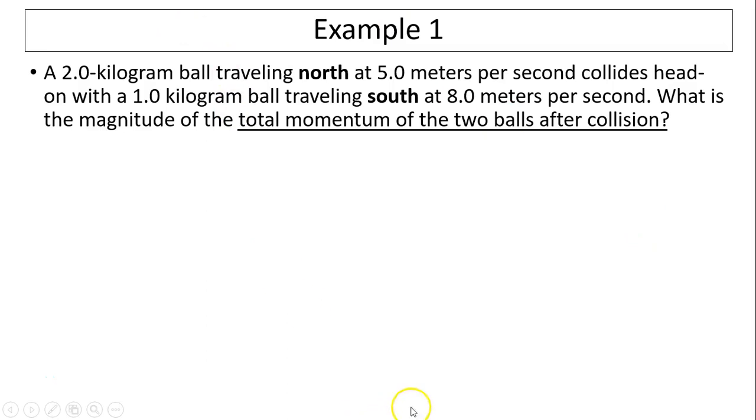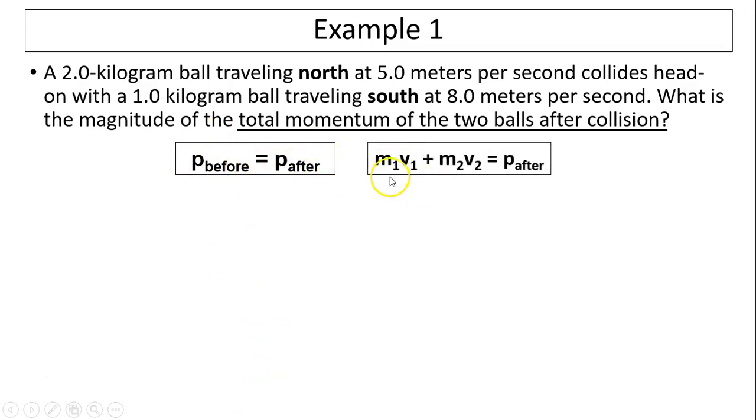Let's take a look at this example. A 2-kilogram ball travels north at 5 meters per second and collides head-on with a 1-kilogram ball traveling south. If north is positive, south has to be negative, at 8 meters per second. What is the magnitude of the total momentum after collision? Well, we already know P before equals P after. If we want to know P after, we just have to know P before. So what is P before? m1 v1 plus m2 v2.